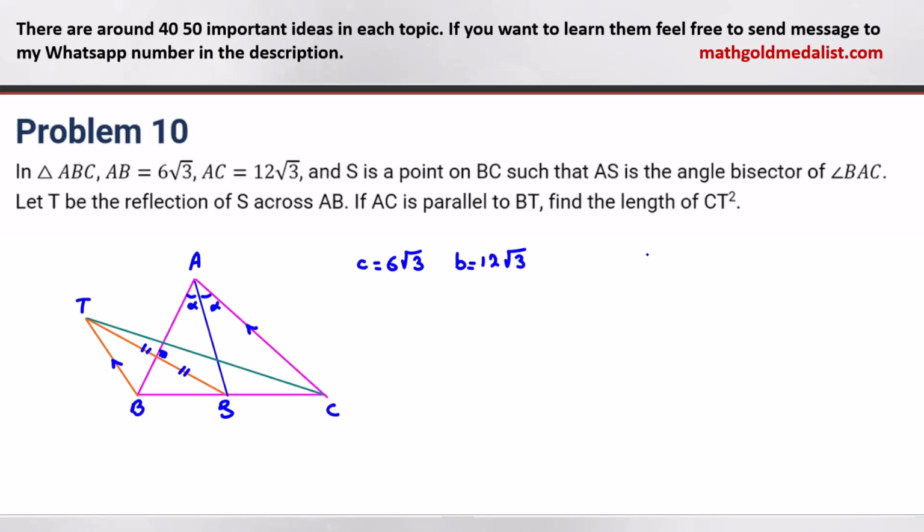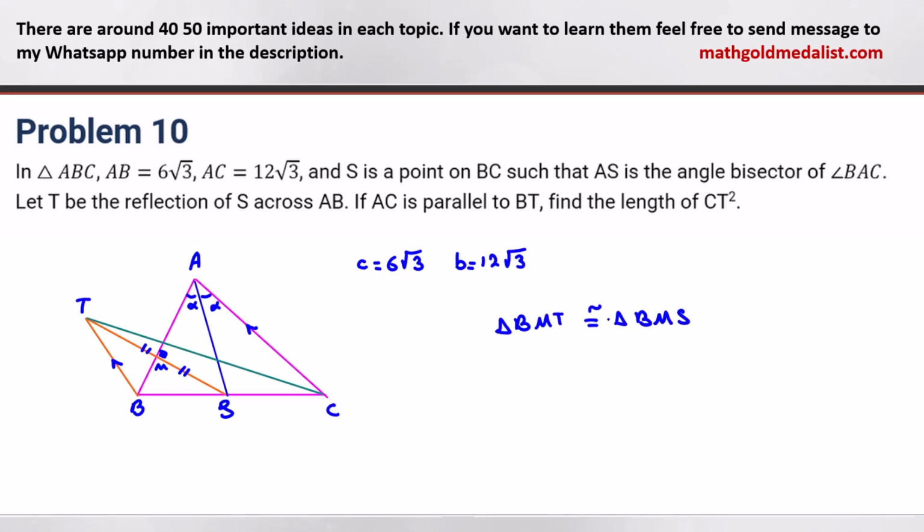Okay. Let me call this one M. Let's see what we can write. Here we want to find CT squared. Because these two things are parallel, these two triangles are congruent to each other. Can you tell me by what criteria triangle BMT is congruent to triangle BMS?